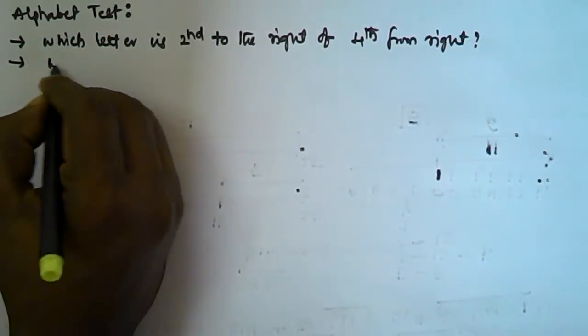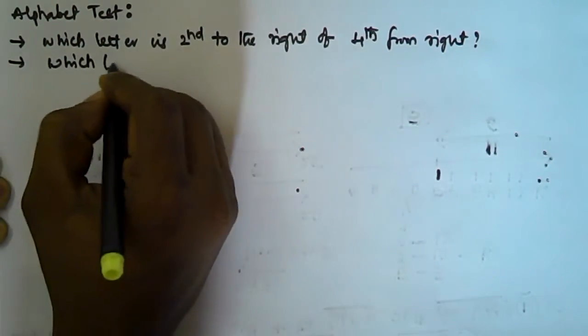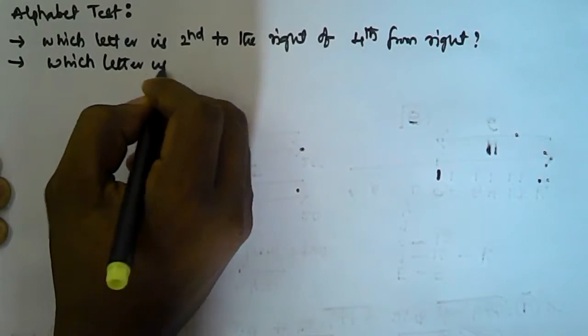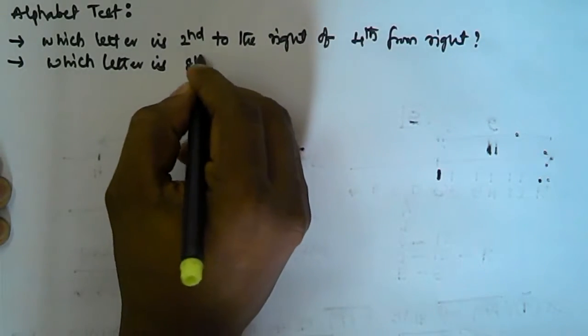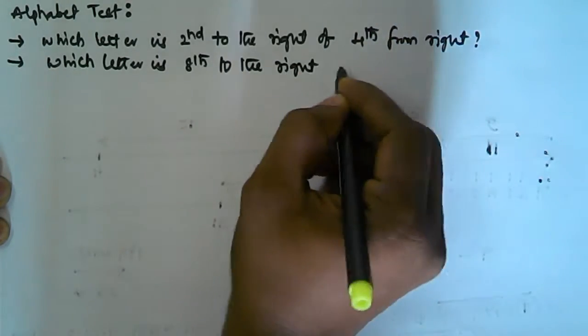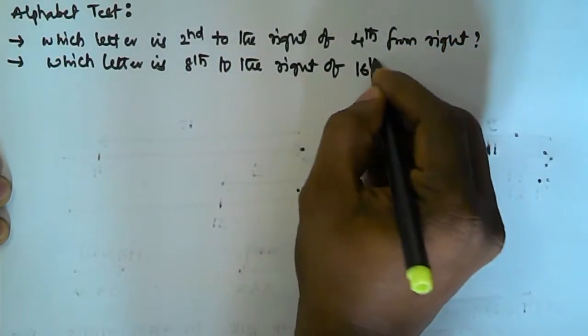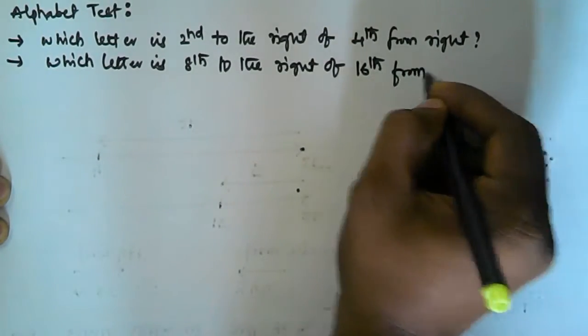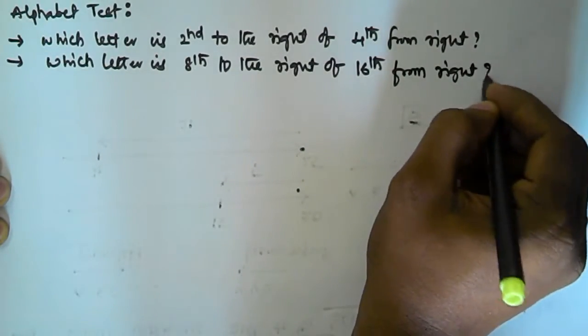And the second one is another problem: which letter is eighth to the right of 16th from right?